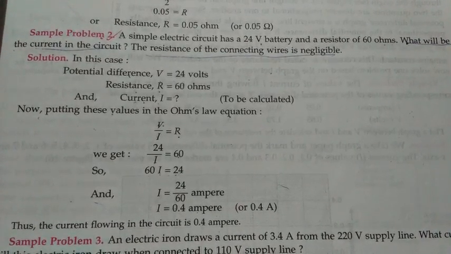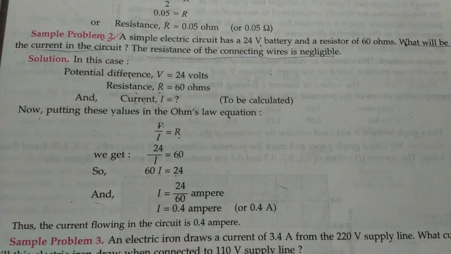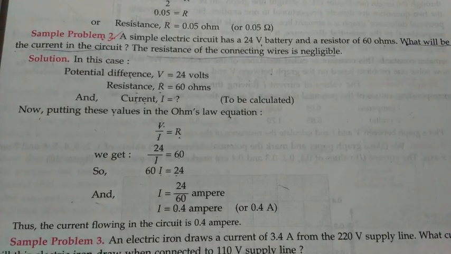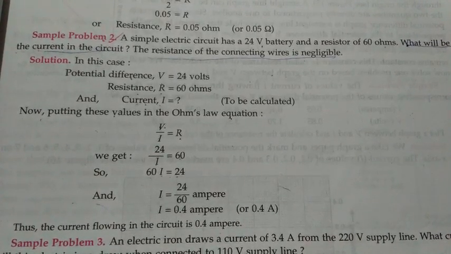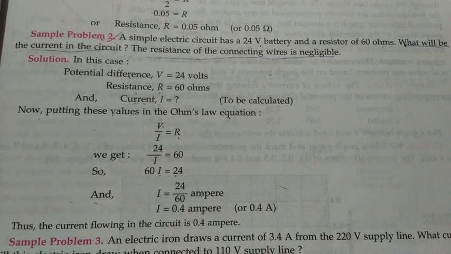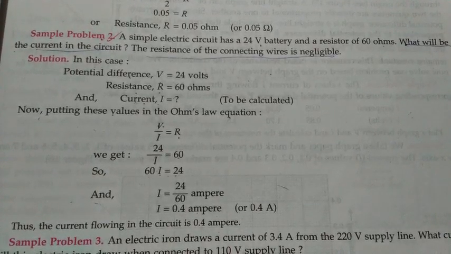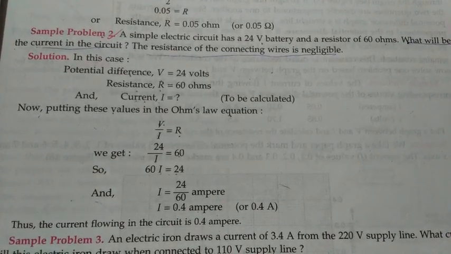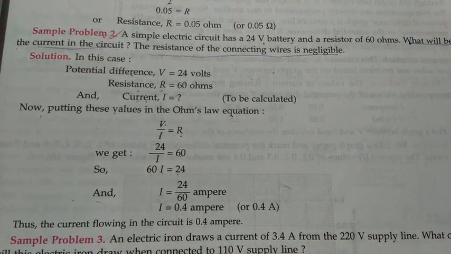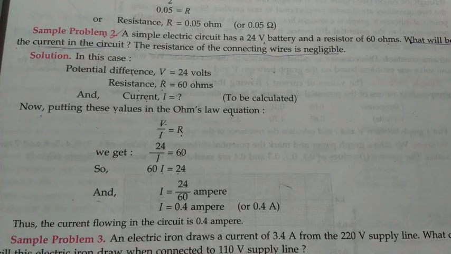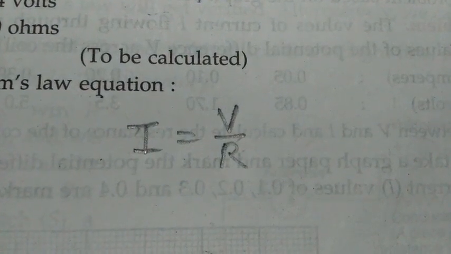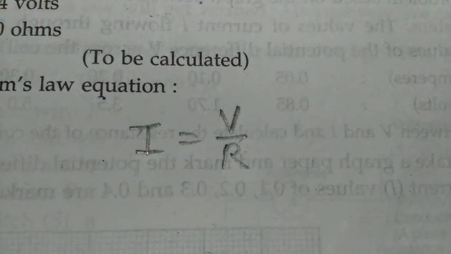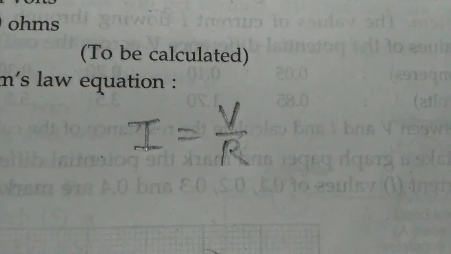So here in the question, what values are given? It is written that the electric circuit has a 24-volt battery, so potential difference V equals 24 volts. Resistance R equals 60 ohms. We have to find the current. A very simple formula for current from Ohm's law is I equals V upon R. Here V is 24 and R is 60 ohm.